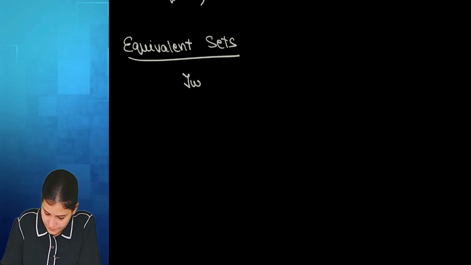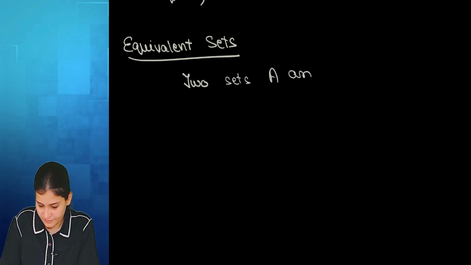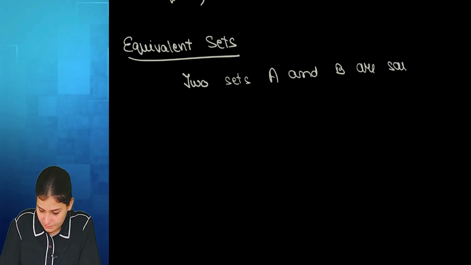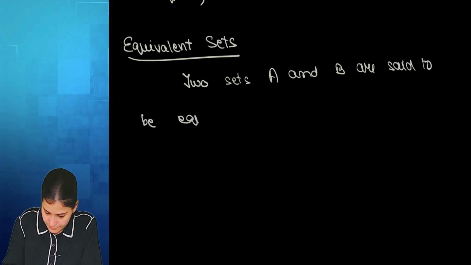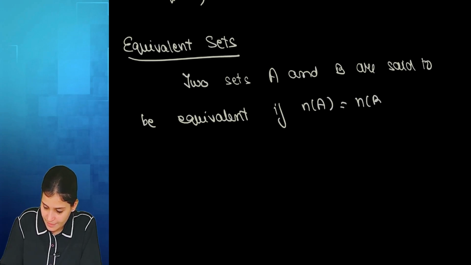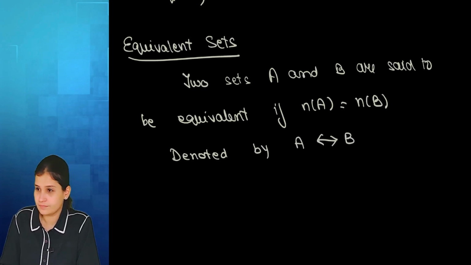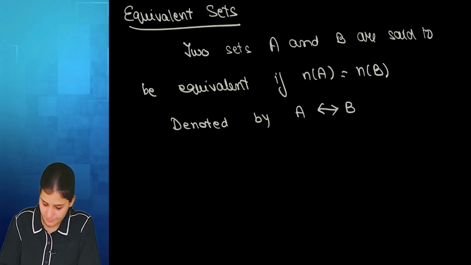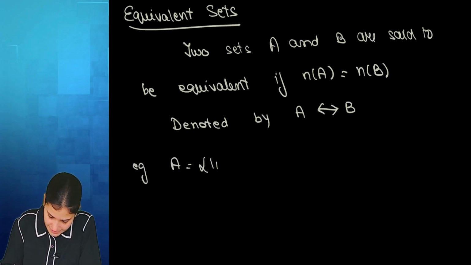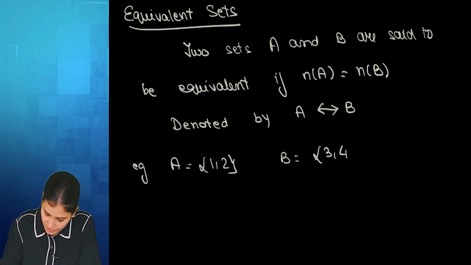So, equivalent sets. Two sets A and B are said to be equivalent if the number of elements in A is the same as the number of elements in B, denoted by A equivalent B. For example, if I have a set A = {1, 2}, set B = {3, 4}, set C = {a, b, c}.